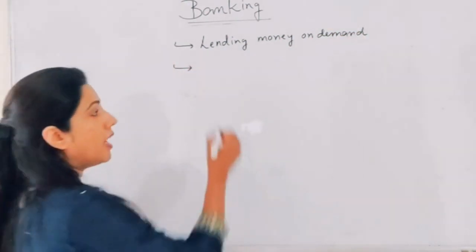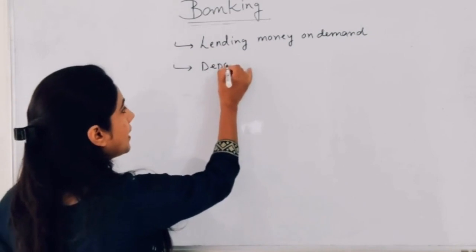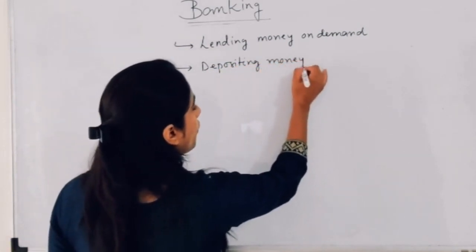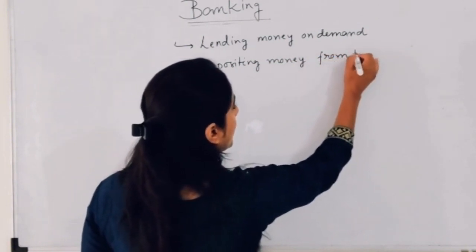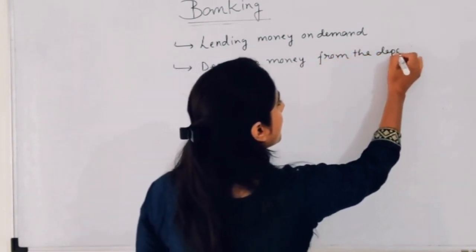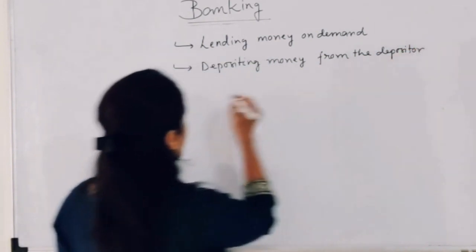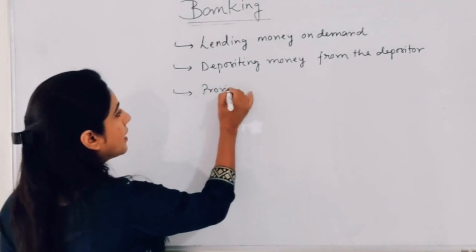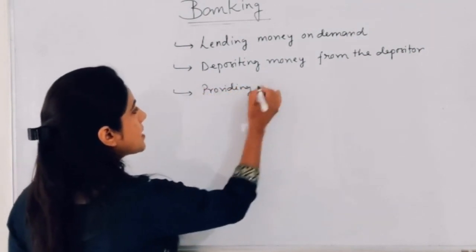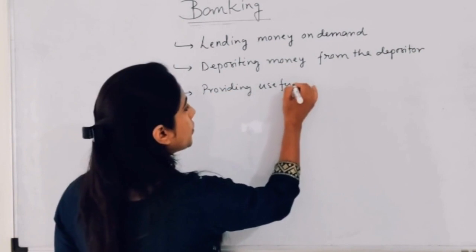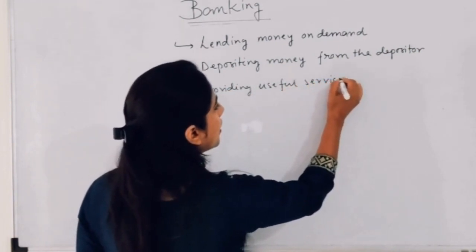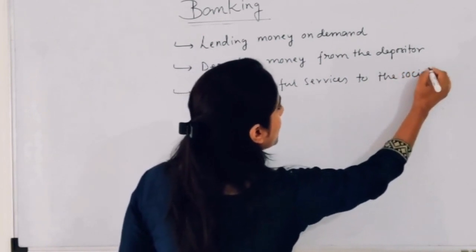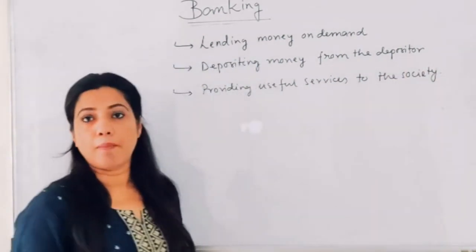Second function is depositing money from the depositor, and the third function is providing useful services to the society. So these are the three main functions of a bank.